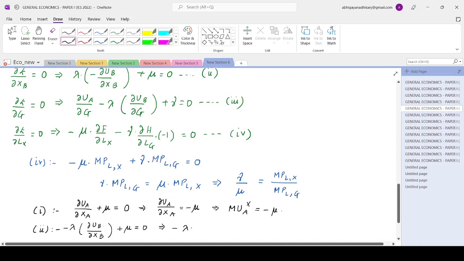That means minus lambda times del UB by del XB, the marginal utility of agent B from good X, is equal to minus mu.